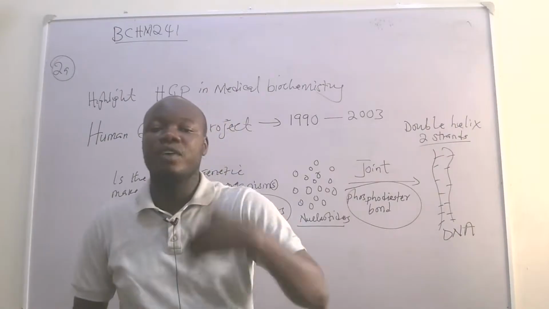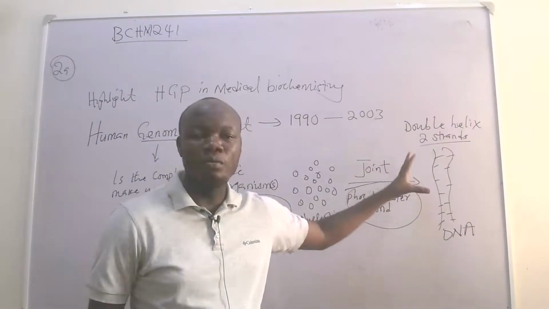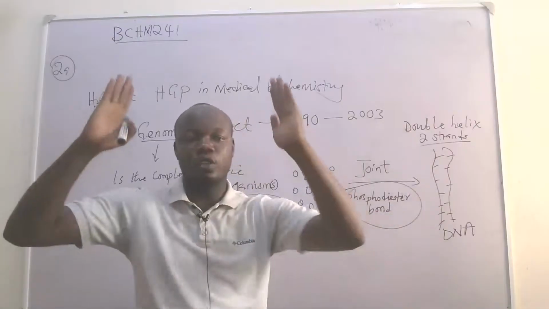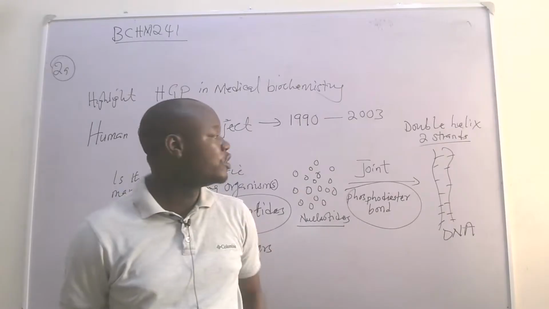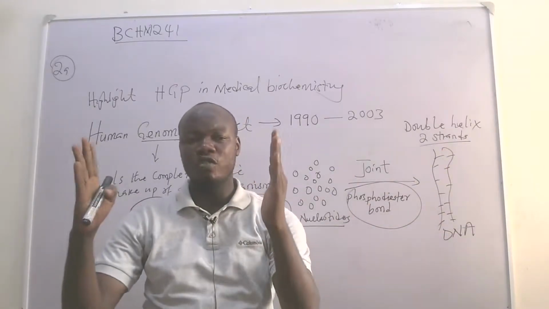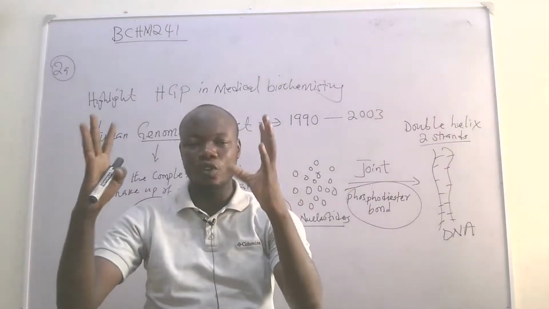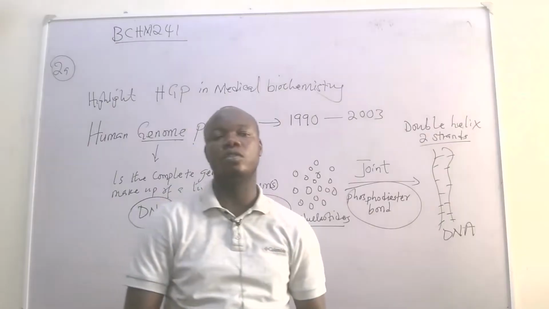So now I have another question, ladies and gentlemen. What is the name of the bond that joins or stabilizes the two strands together to make a double helix DNA molecule?